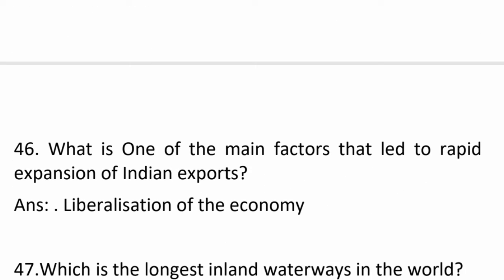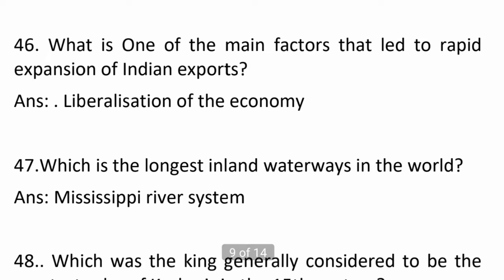Which is one of the main factors that led to rapid expansion of Indian exports? Liberalization of the economy. Which is the longest inland waterway in the world? Mississippi River system.